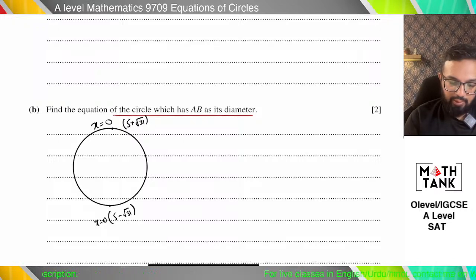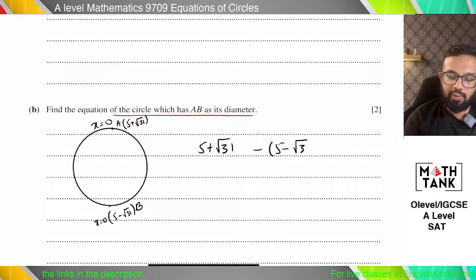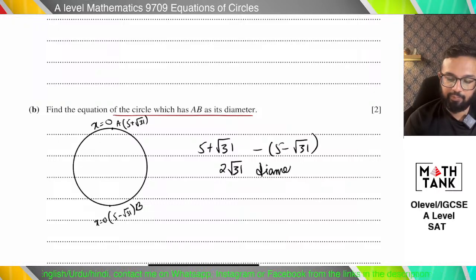Okay, so the distance between these 2 points, let's calculate this vertical distance. A, that's B. Just subtract the 2 to find the distance. Why am I doing this? Okay, so that should be 2 root 31. This is the diameter. Radius would be root of 31.